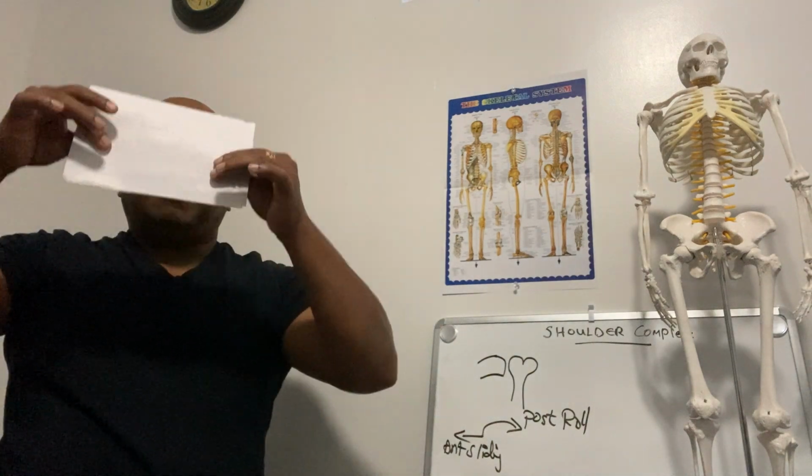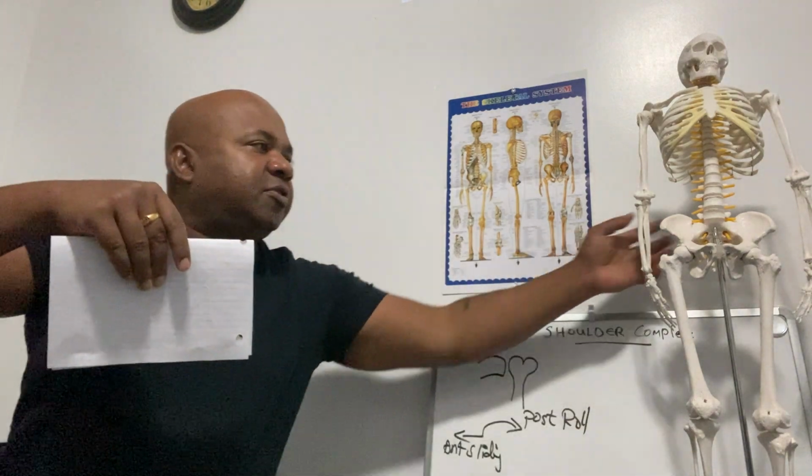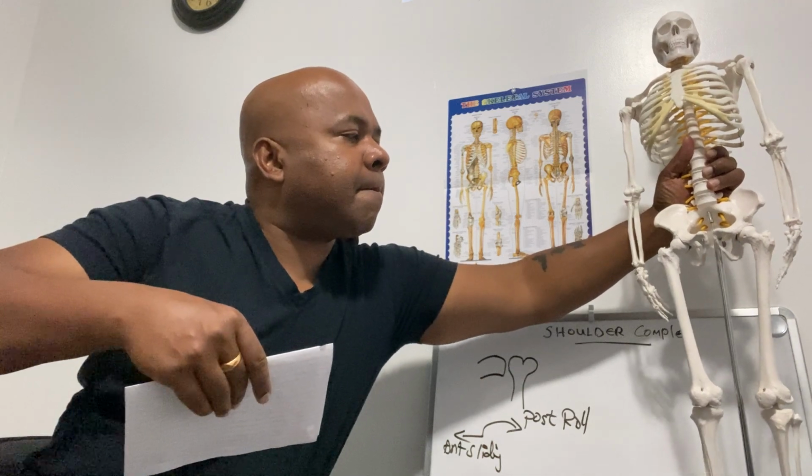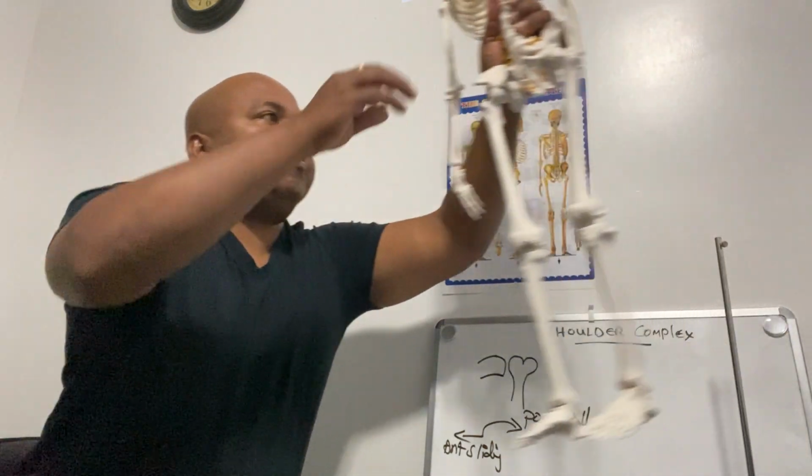So the plane is like this, the plane which divides the body into a front as well as a back half is called the frontal plane.